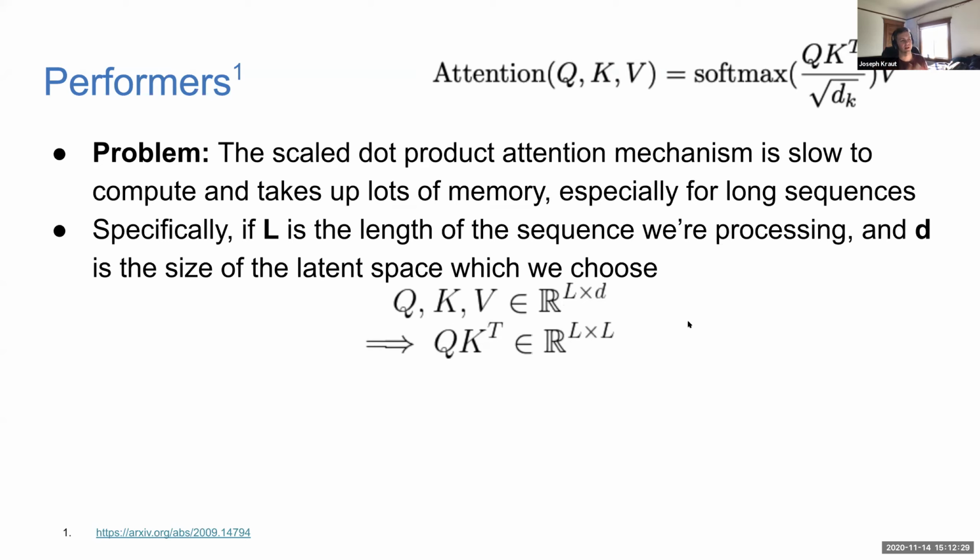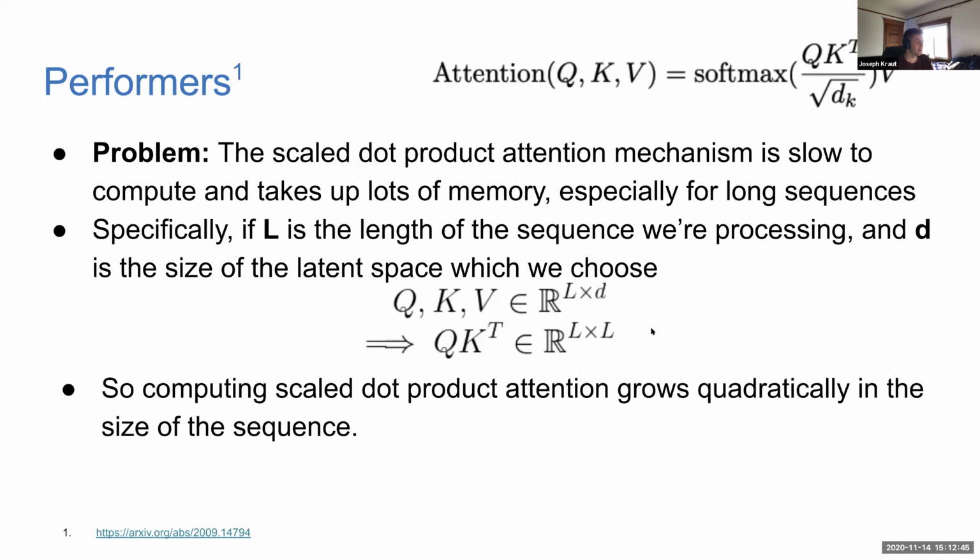And maybe you're getting a sense of where this is going. We're talking about when L is really long. And as computer scientists like to think, what happens when our input grows? Well, the size of our matrix grows, which means we run out of memory and we spend a ton of time computing it. So the time needed for scaled dot product attention grows quadratically in the size of the sequence, and can actually be worse. I think it may grow on the order of L cubed, although I'm blanking on what the actual runtime is.